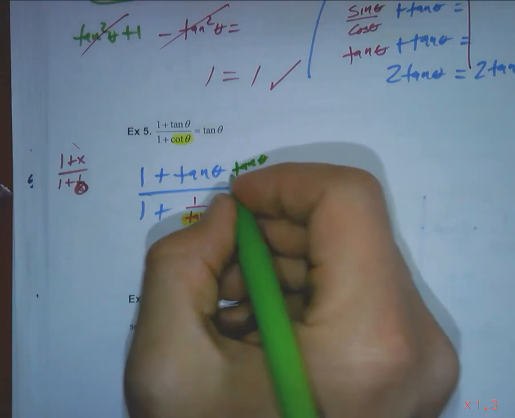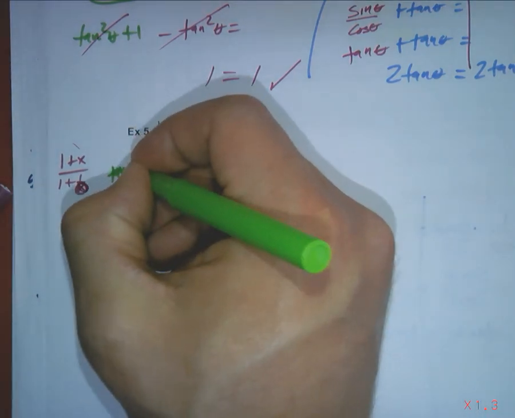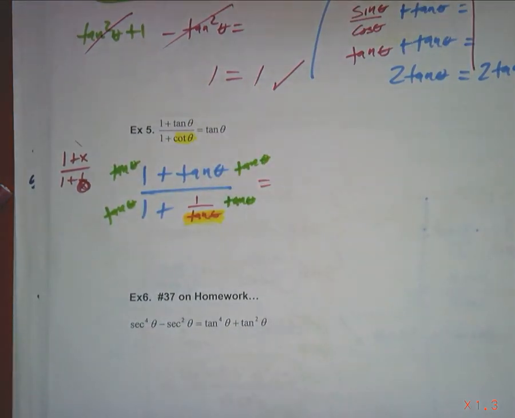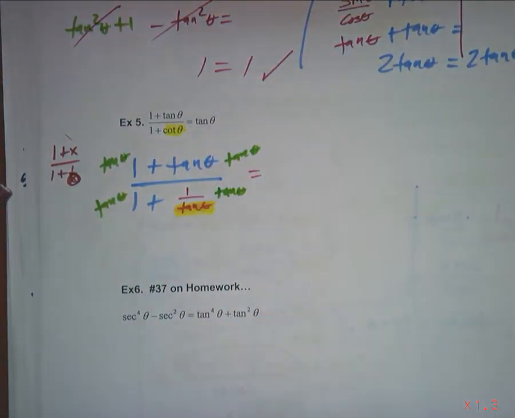And when you have multiple terms, you've got to distribute. So I always just put it next to everything. So tangent of theta next to everything. So I've multiplied everything by that LCD. And we did math magic. Everything that's highlighted is going to disappear.